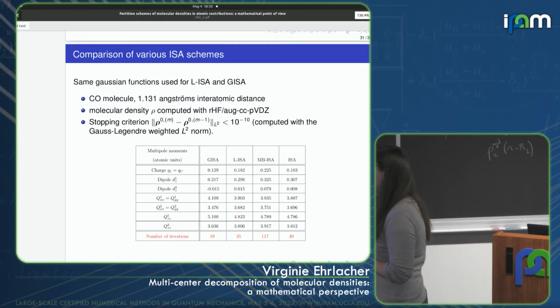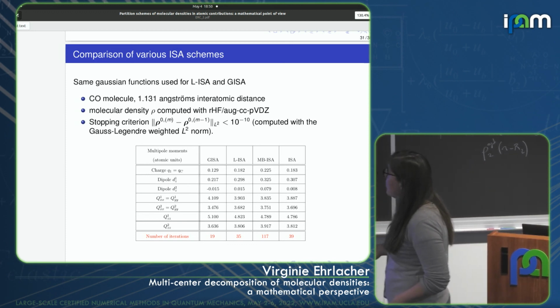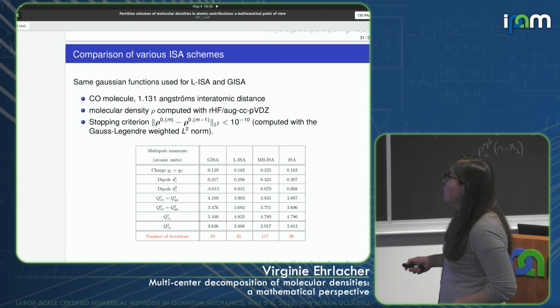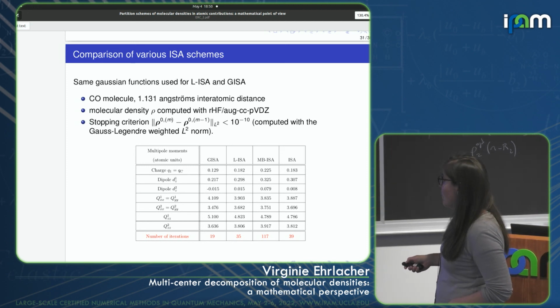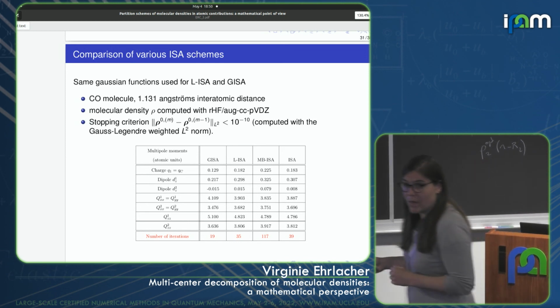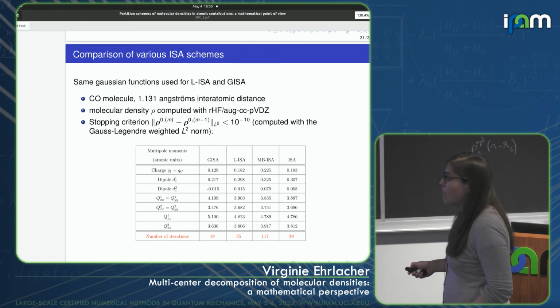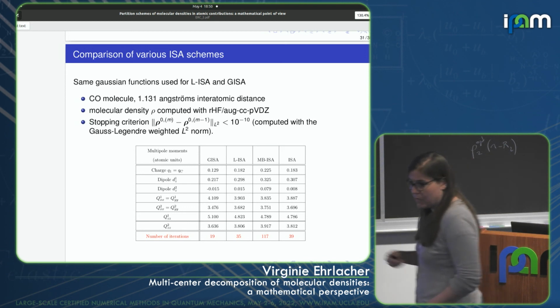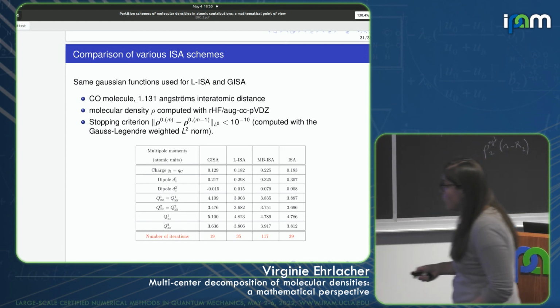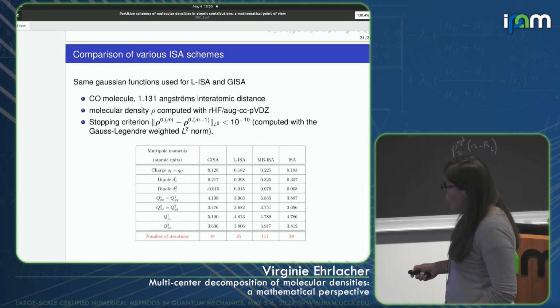And Robert compared the values of the partial charges and the local dipolar moments that you obtain at convergence, and the number of iterations one needs to reach some common stopping criterion. Basically what we observed is that this MBISA method, because it is more complex with the shell atomic densities, is longer to converge, whereas the LISA is longer to converge in terms of iterations than the GISA.